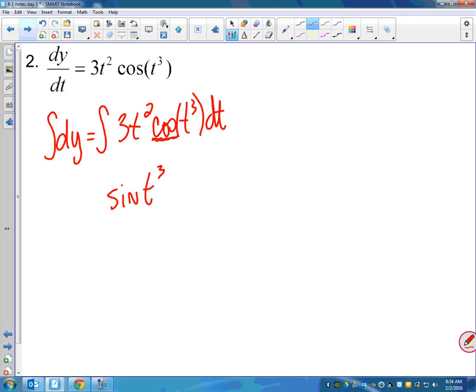And I don't have to do anything with this 3t squared, because that's just like multiplying by the chain. So the integral looks a lot more complicated than its antiderivative, but you can always check, right? The derivative of sine is cosine of t cubed, and then times the derivative of t cubed, which is 3t squared. We haven't really done a lot of that yet.